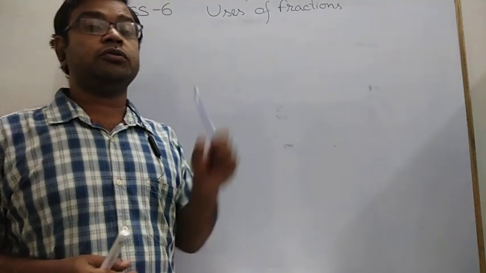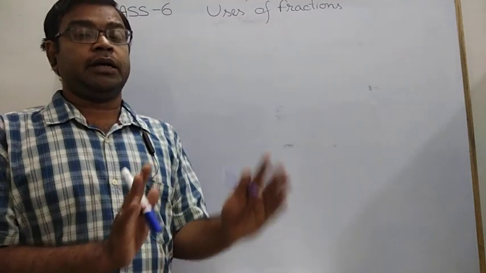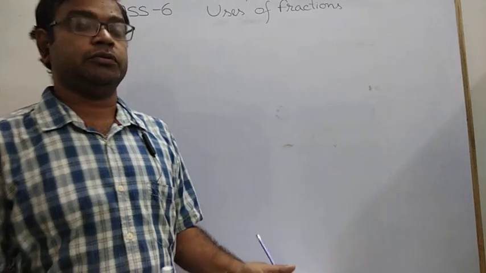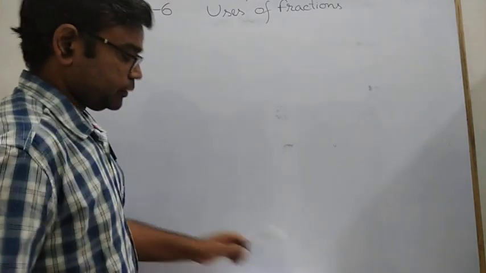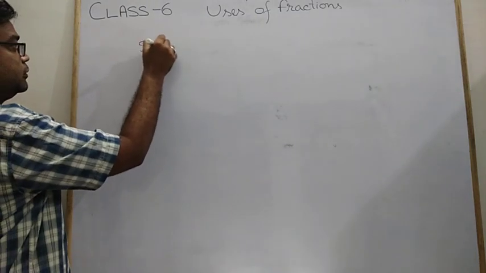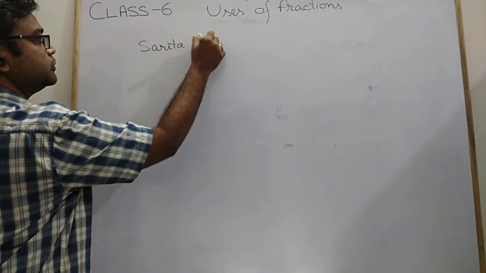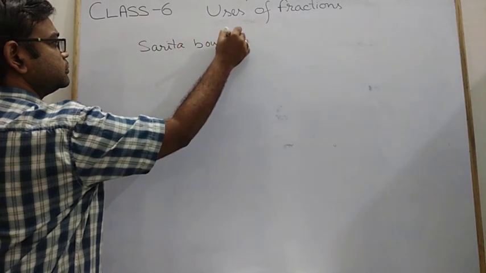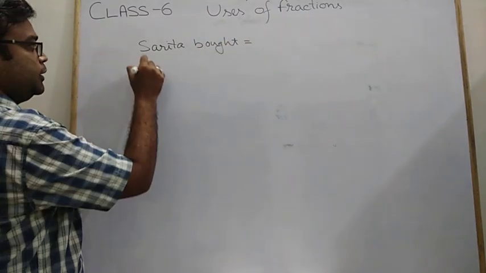Whenever a question asks you for the total, it means what? It needs the combined answer of what is given to you. So in this case I am solving. It says that Sarita bought some amount of ribbon and then Lalita.